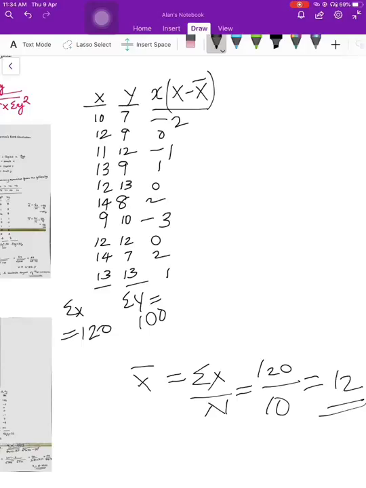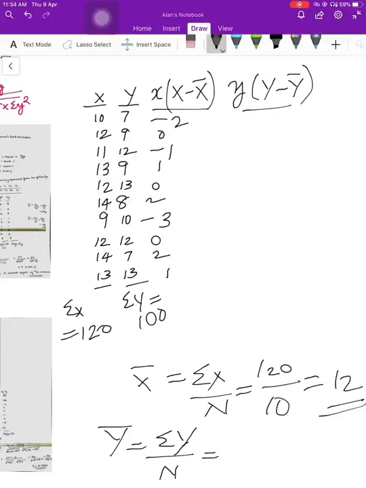Now in the same way we do the deviation for y as well. We'll go with small y, that is y minus y bar. Let's see the value of y bar. y bar is equal to sigma y by n. So sigma y by n will be 100 divided by 10, so it will be 10.